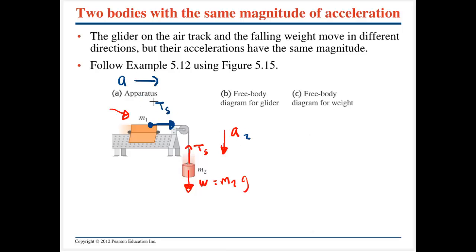Therefore it must be accelerating in that direction. So I'm going to put 2 and 1 here, and I'll put 1 and 2 here just for a little bit. It turns out that the tension in the string is an action-reaction pair, so the tension on one block must be equal to the tension on the other, and also the acceleration of these two blocks is going to be the same.